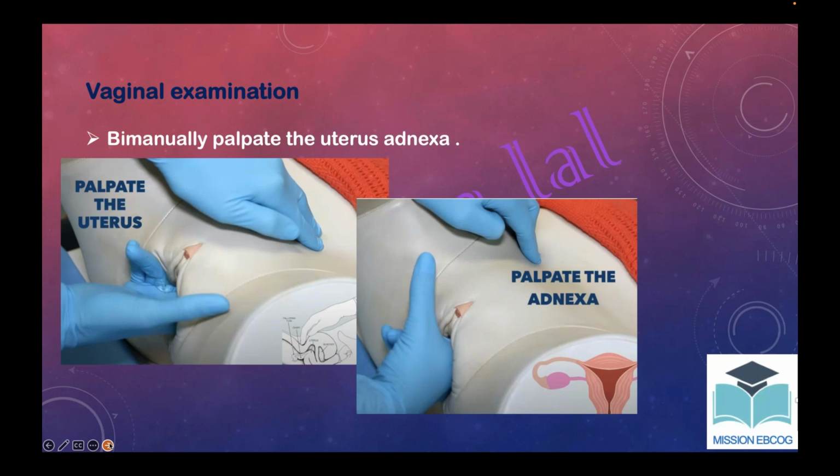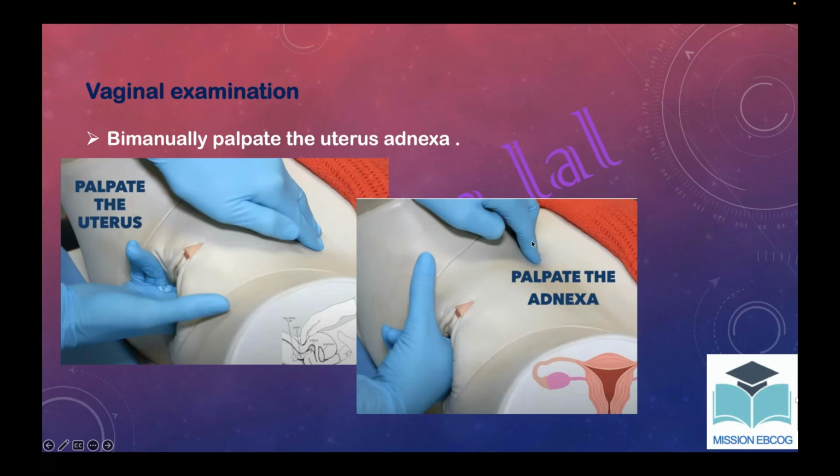After that, you move your fingers to one side, the right side, and do bimanual palpation to check for the adnexa, to find out if there are adnexal masses or any ovarian cyst or mass. Normal ovaries we are usually unable to feel, so you palpate for the adnexa.